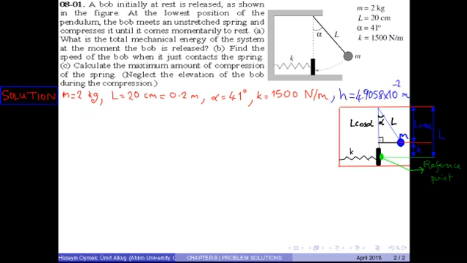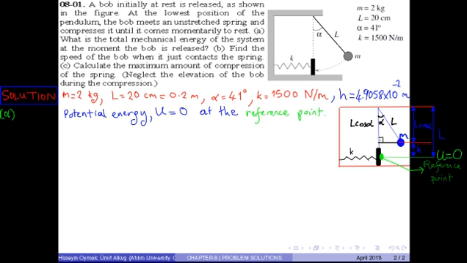In part A, to find the total mechanical energy of the system, we first find the gravitational potential energy of the system. If we choose the reference point as this point, then the gravitational potential energy is 0 at this point.